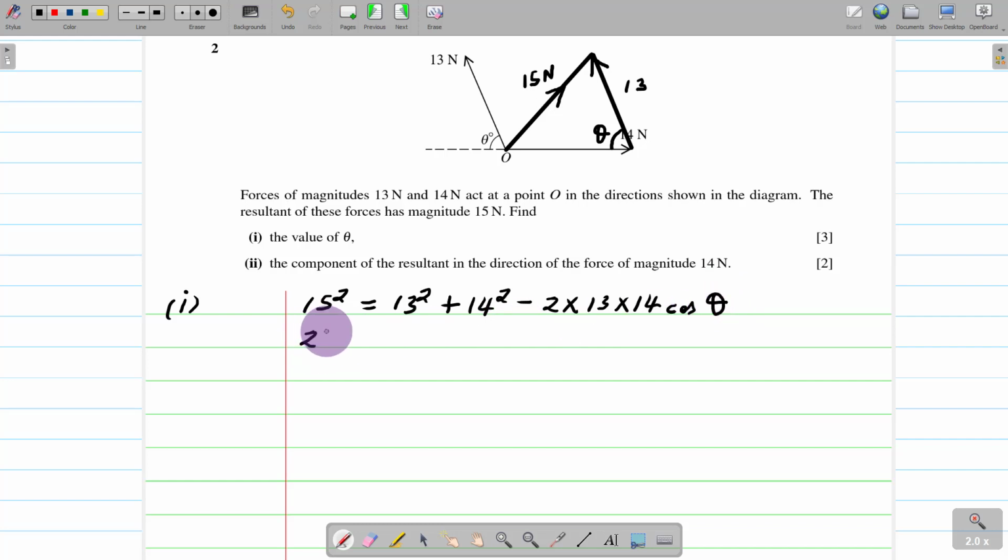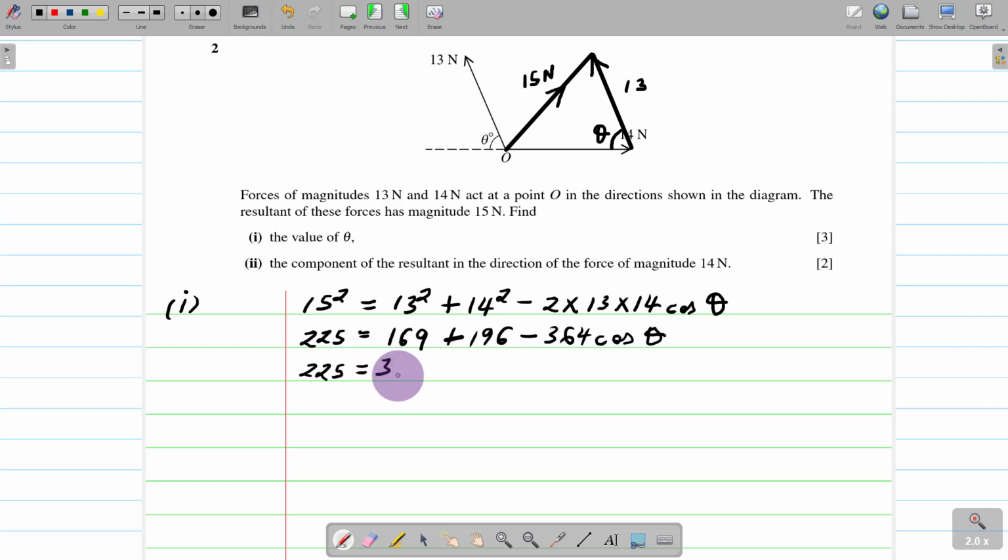Of course, this one now gives me 225. This gives me 169. This is 196. You can confirm these values using the calculator. You've got 364 cos theta. So let me quickly now work this one out, because now it's just mathematical manipulations.